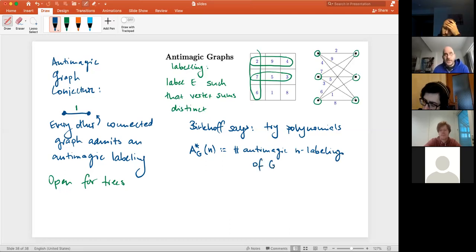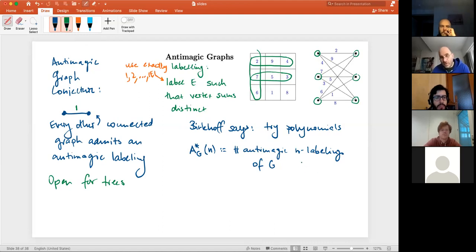Up here, what we used was exactly the labels 1, 2, down to the cardinality of E. And now I want to have a parameter over here, so that's not true anymore.